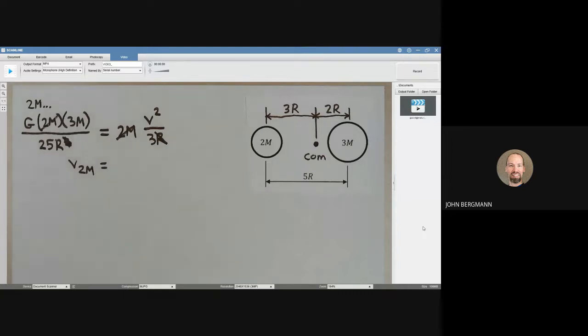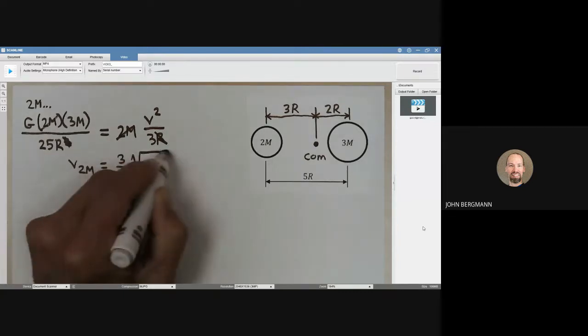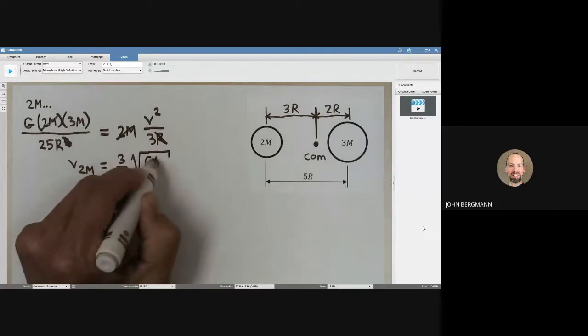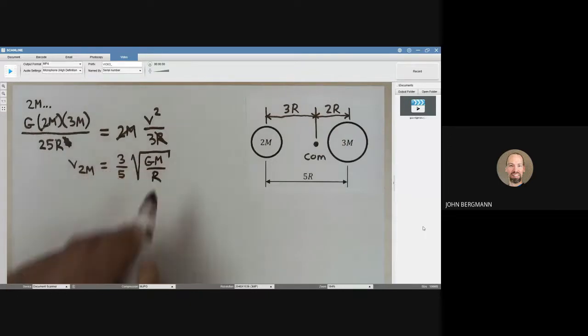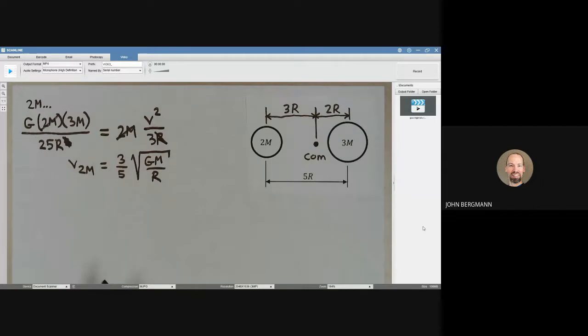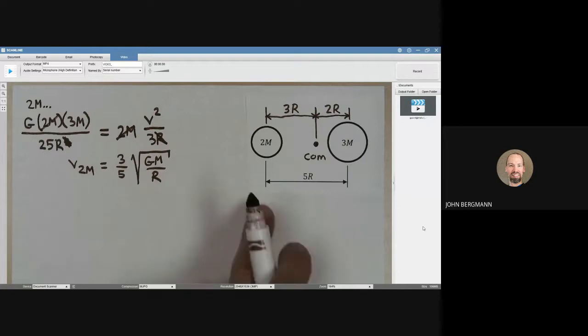So I'm seeing 3/5 square root of GM over r. You check and make sure that we're okay with that. The square root goes all the way down like that. That's the tangential speed of the 2m star.